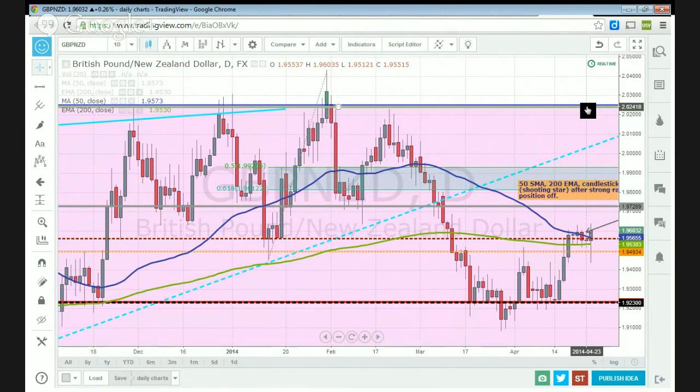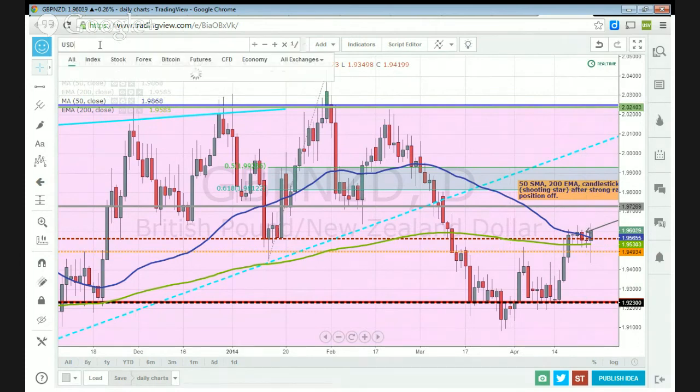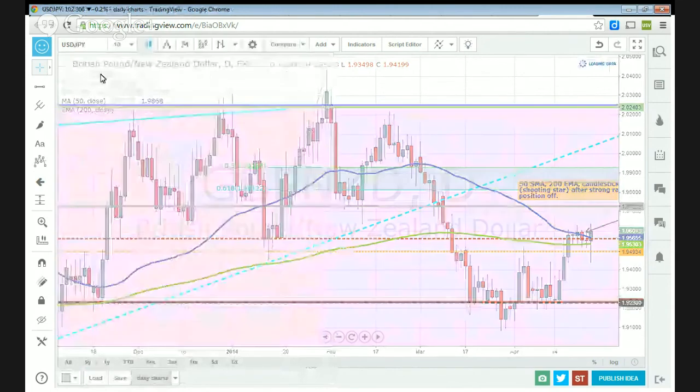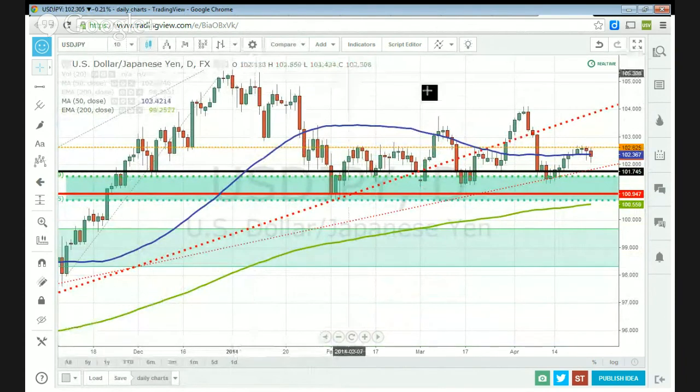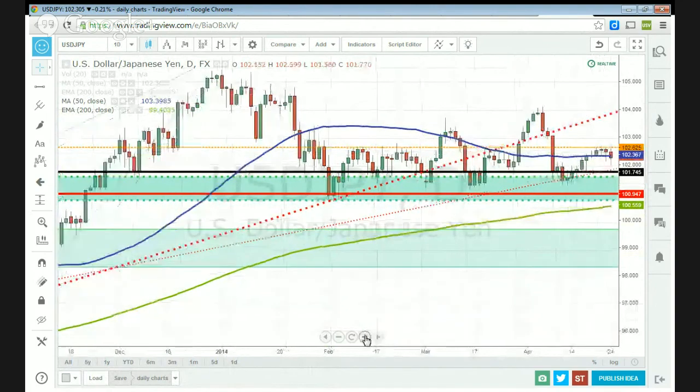Dollar yen is the only other position I have on. Okay, and dollar yen, well, we are retreating a little bit from here. This is interesting. So part of me is tempted to put my stop at break even. I won't just yet. Let's see what happens. I would like to see price close at or above. Oh, did it close? Maybe I can move it to break even if.